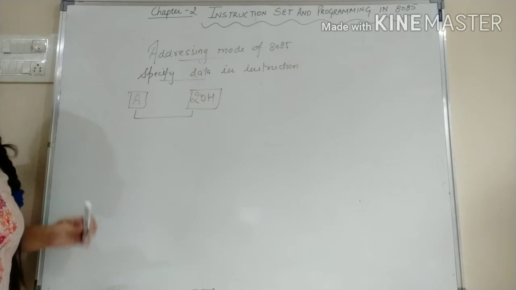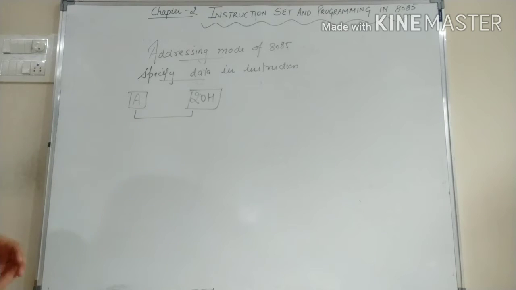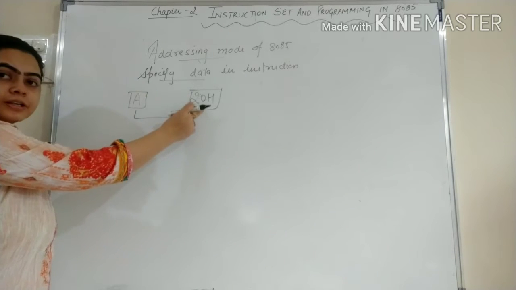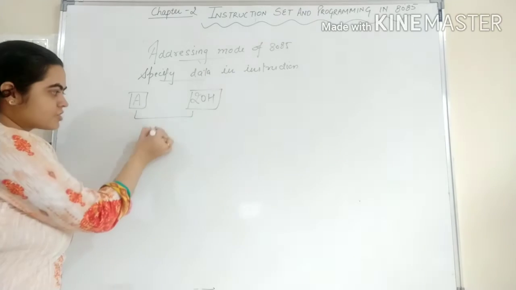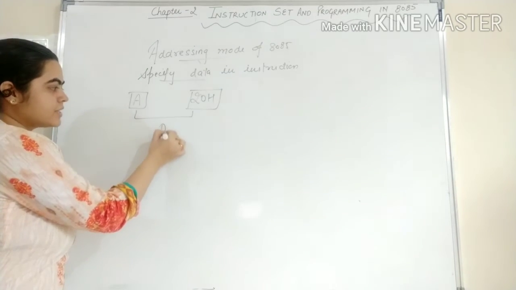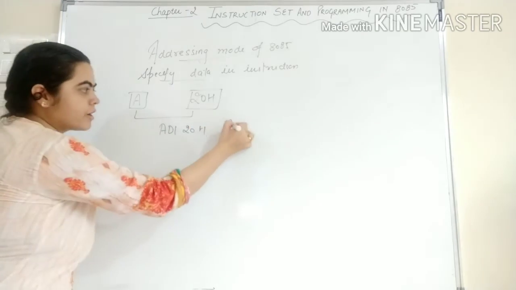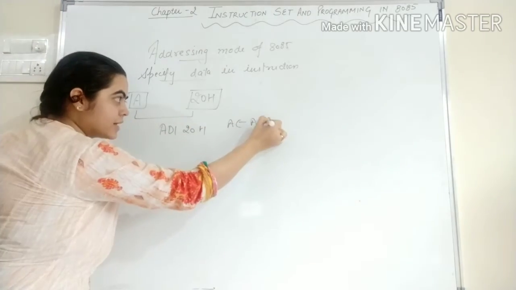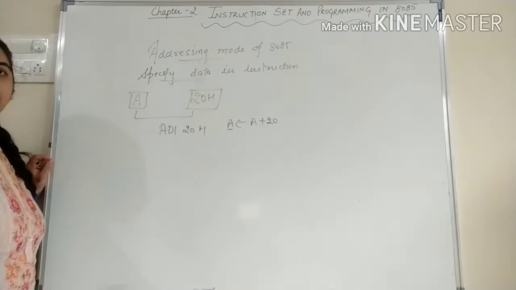Now in 8085 there are different ways using which we can add these two numbers. First way is we can directly add this 20 with the contents of the accumulator. For that we have an instruction, that is ADI 20H. So this instruction means add the contents of the accumulator with the contents that are present in the instruction, and the result is stored in the accumulator.